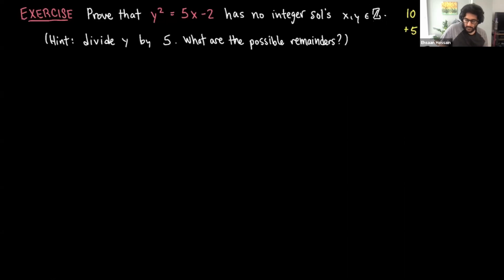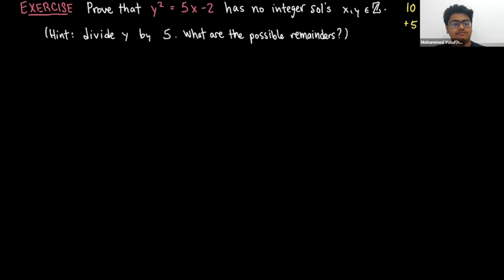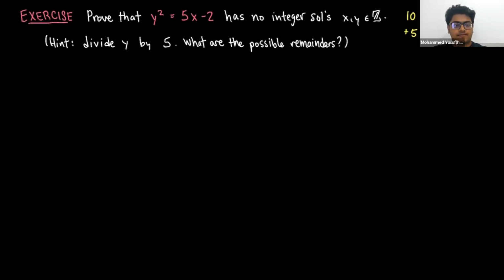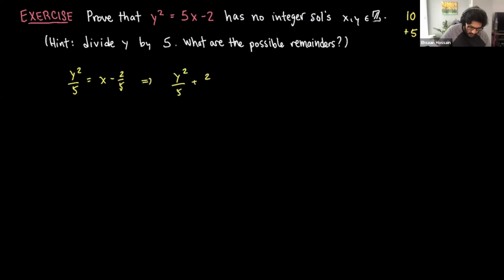So what I did was I divided the whole equation by 5. That's y squared over 5 equal to x minus 2 over 5. And then I took minus 2 over 5 to the left-hand side, so basically I isolated x.